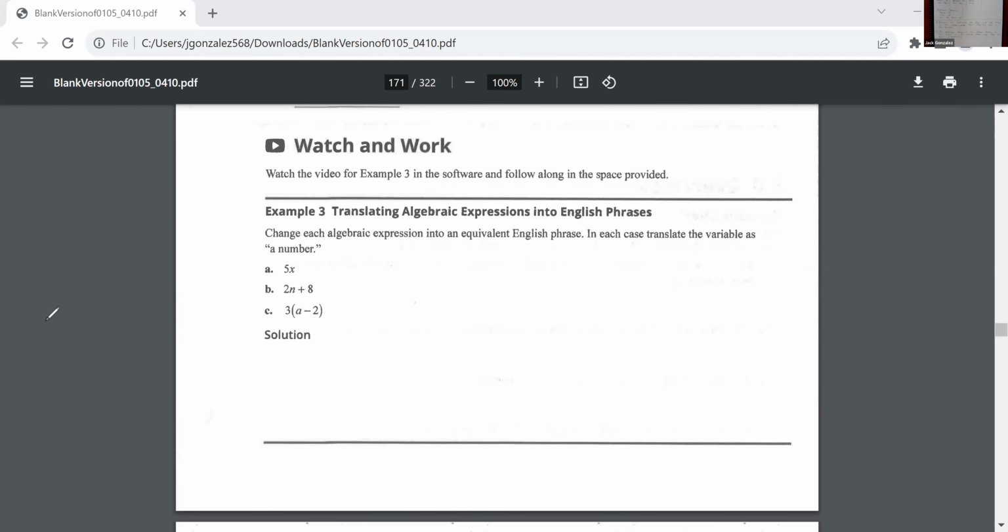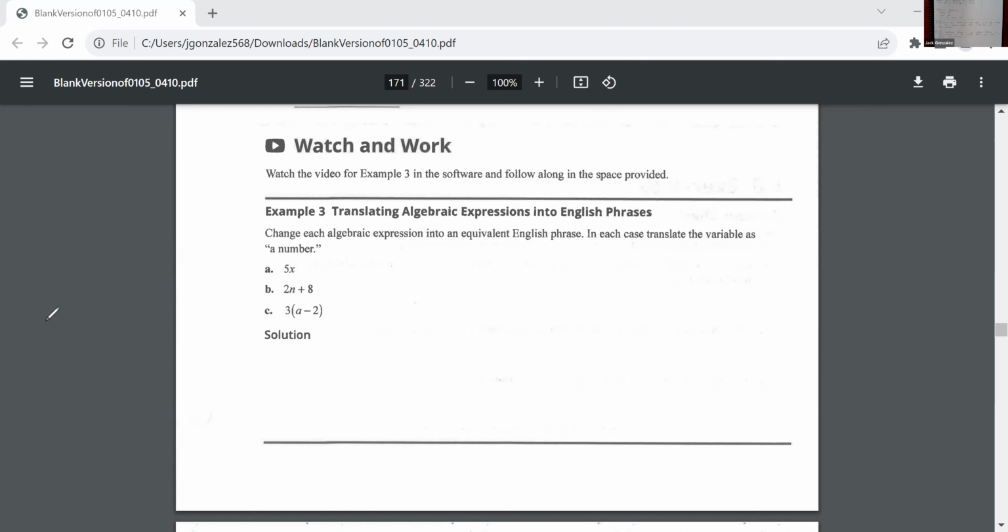So part A is change each algebraic expression into an equivalent English phrase. Of course, there's more than one way to write it, so how would you write, using all those terms we have up top, 5x? What does 5x mean? Well, it wouldn't be the fifth power.